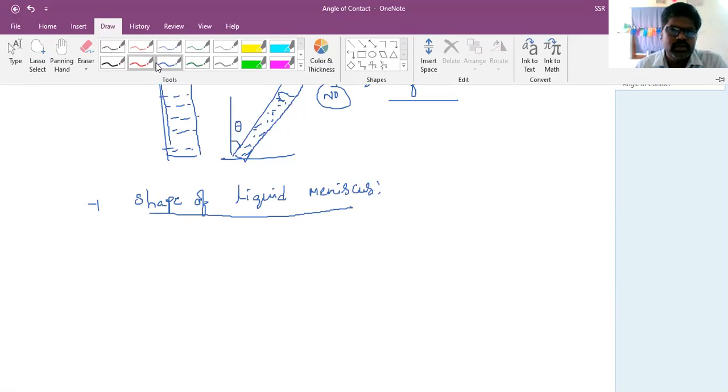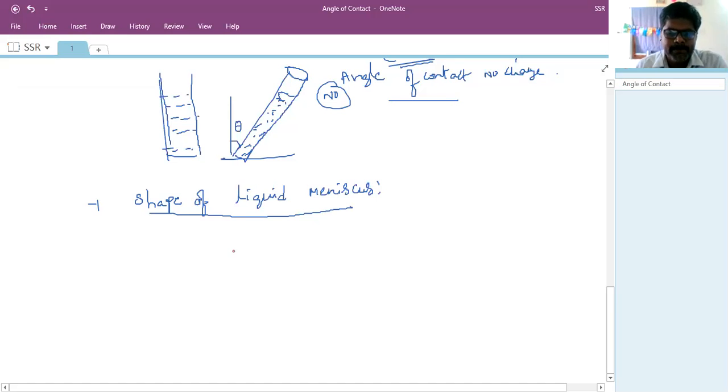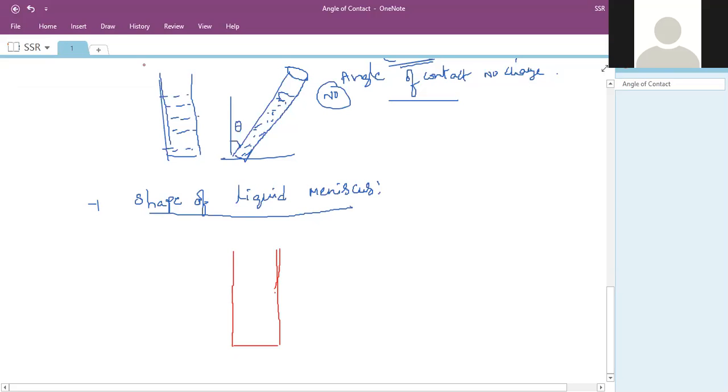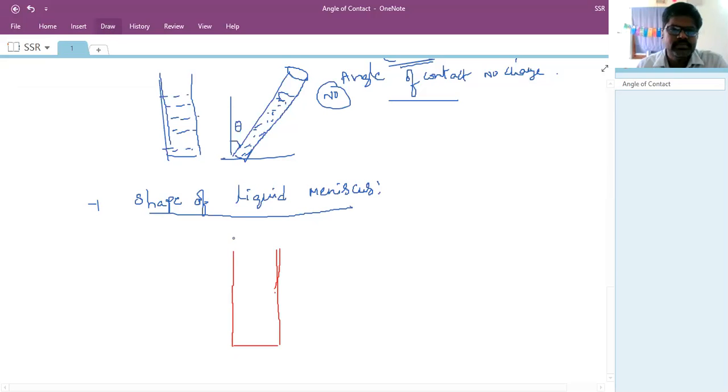Consider a tumbler first of all. Inside, take some water, filled up to a certain level. Now let us consider the free surface of the liquid, and at the free surface let us consider a point which is in contact with the solid surface.